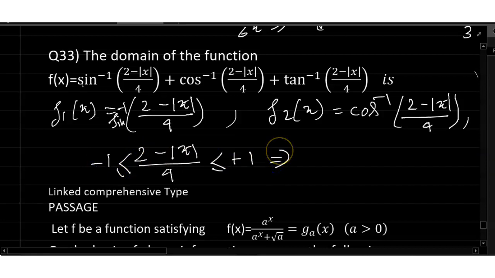So we can say minus 4 is less than or equal to 2 minus mod x, less than or equal to 4.